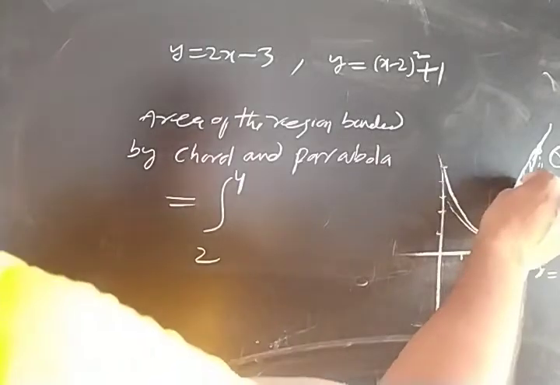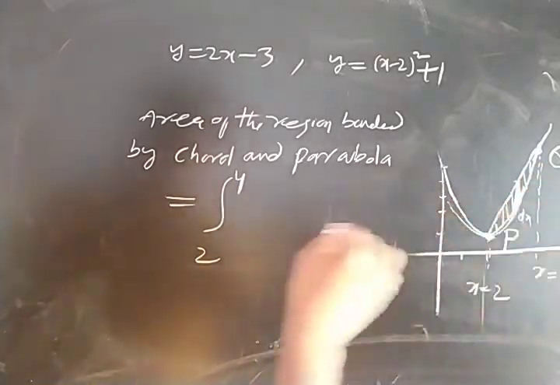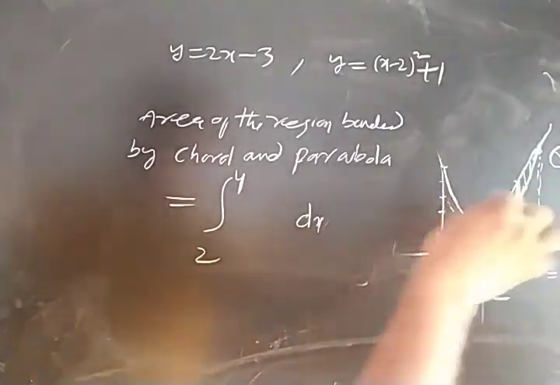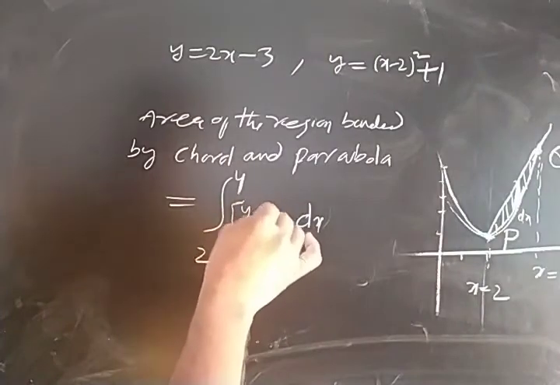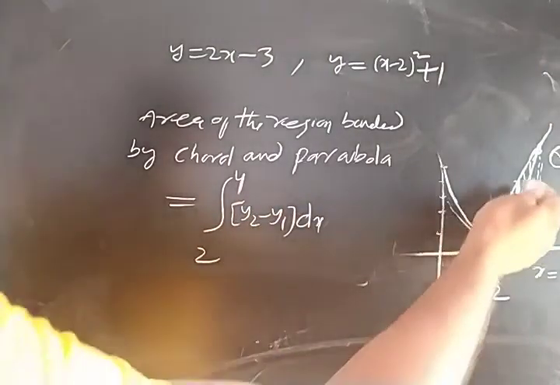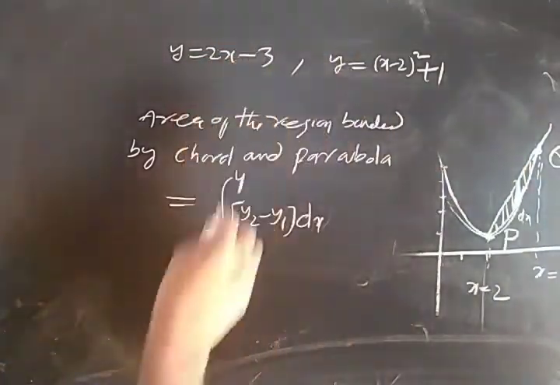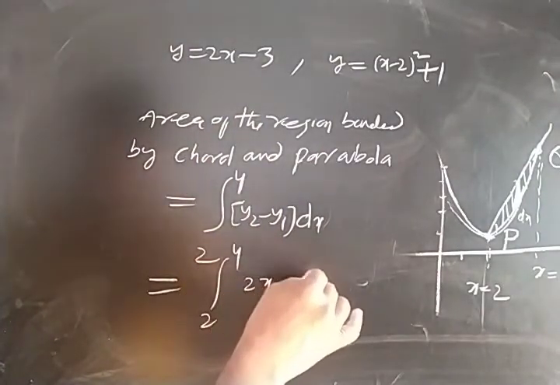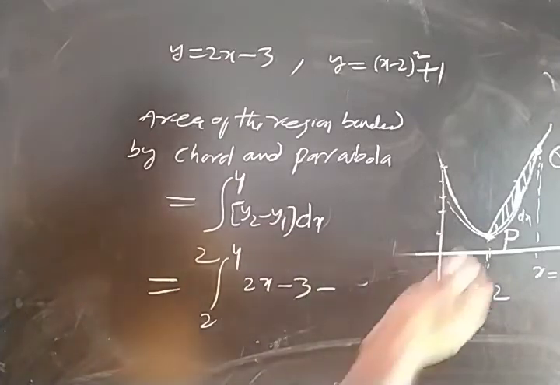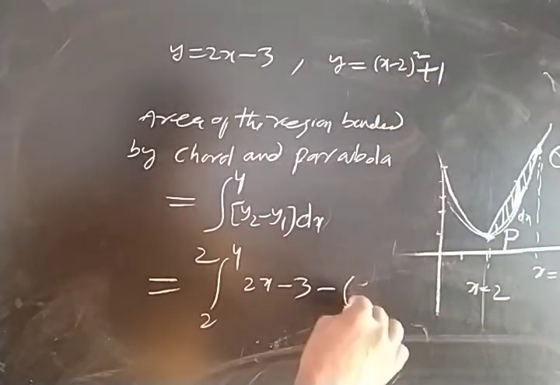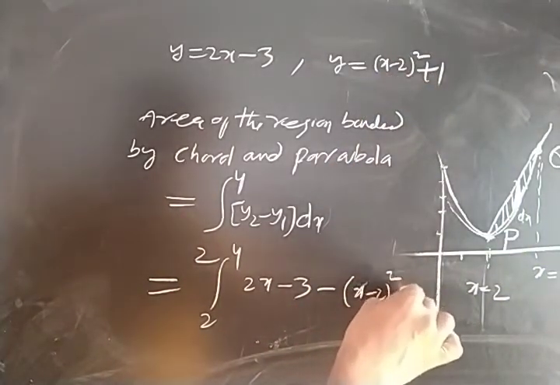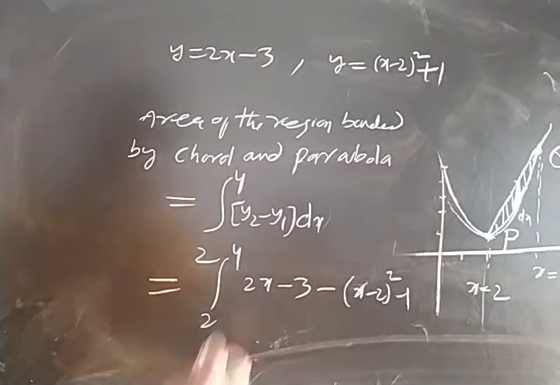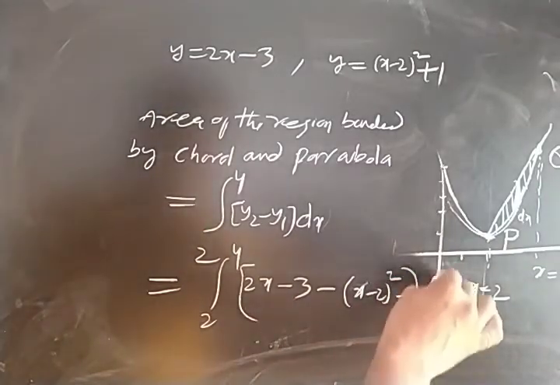When I am taking the vertical strip, width is dx and height is y2 minus y1, upper curve minus lower curve. The upper curve is the straight line, y is 2x minus 3, minus the lower curve, the parabola, (x minus 2) whole square plus 1, into dx.